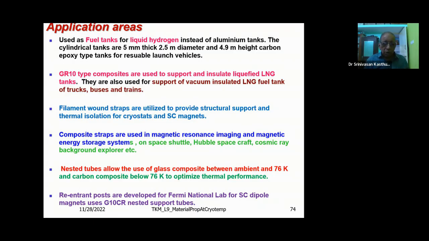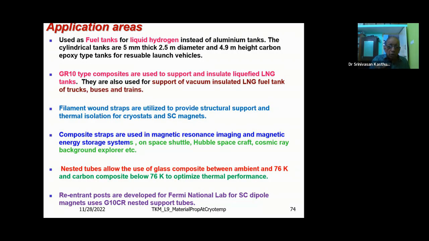Now, filament wound straps are utilized to provide structural support for thermal isolation in cryostats. Composite straps are used in magnetic resonance imaging and magnetic energy storage systems. On the space shuttle, Hubble spacecraft, Cosmic Ray Background Explorer, etc., they can be used.